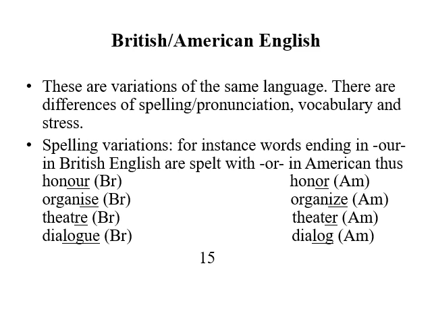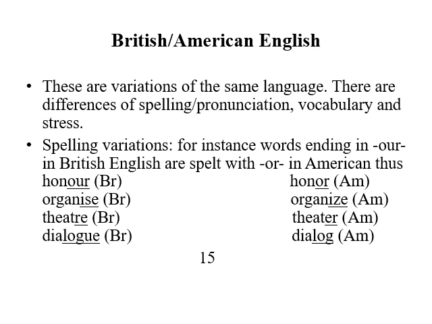But let us focus on these two, because we are more familiar with them, British and American English. As I say here, these are variations of the same language. It is the same English language, but they have differences, especially in spelling and pronunciation, and sometimes the vocabulary, and also the stress pattern.